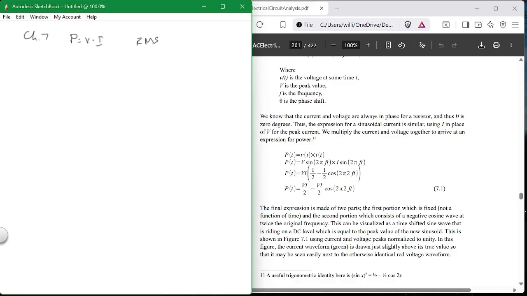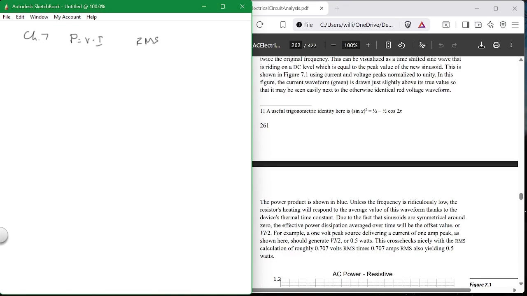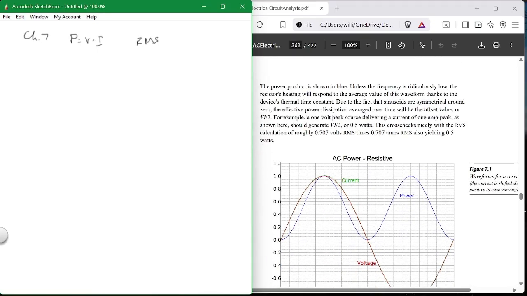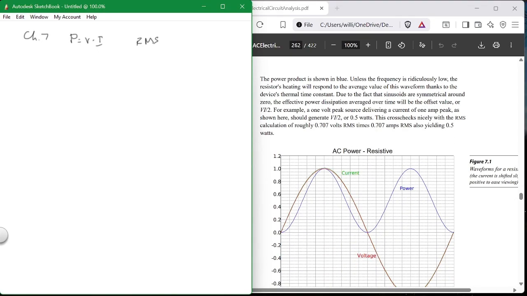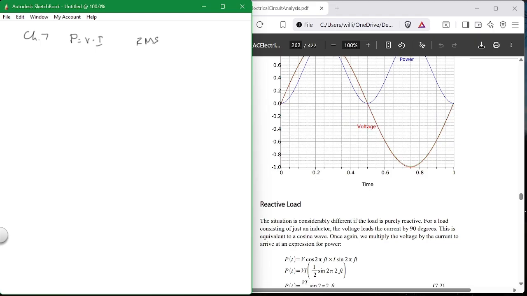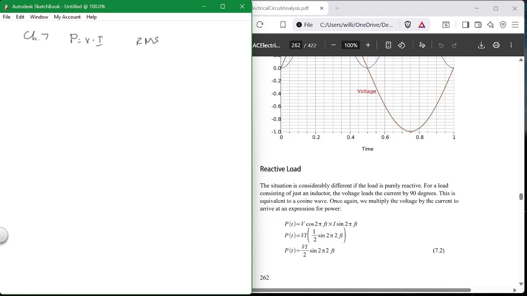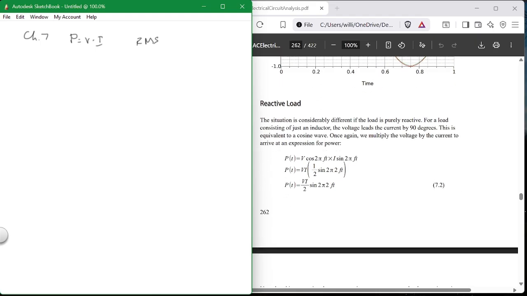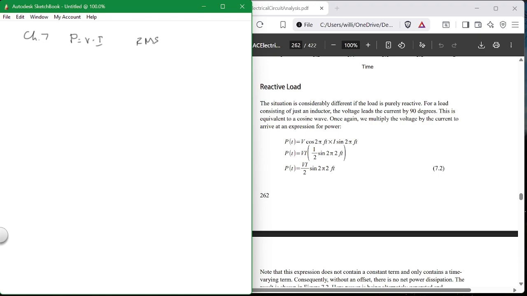And if you want to know how you can prove that power is equal to that in a resistive load, you can actually show that, okay? Now, this is for DC.